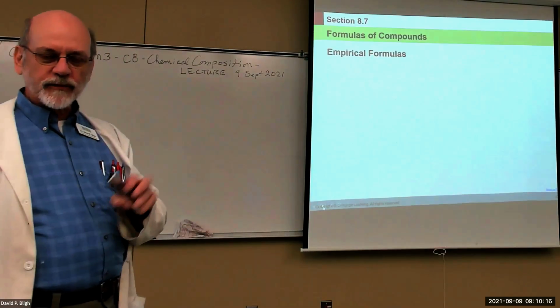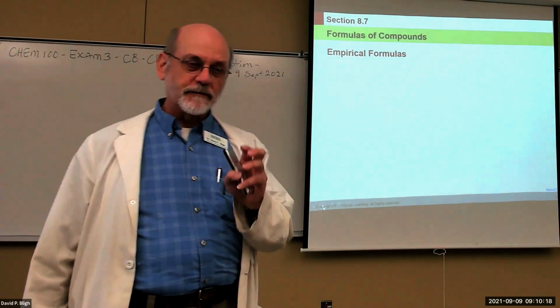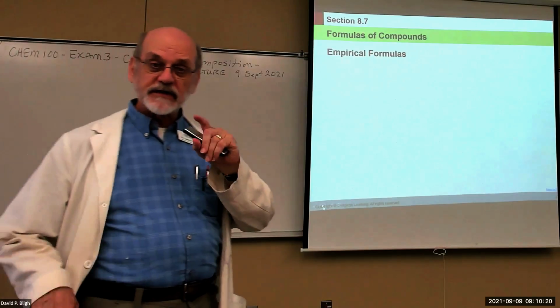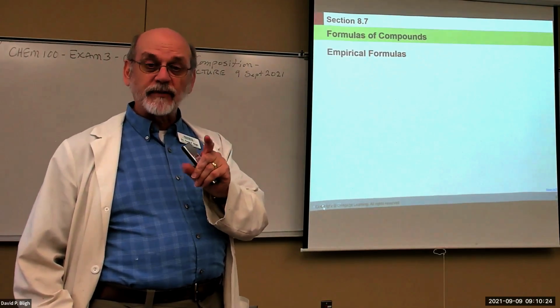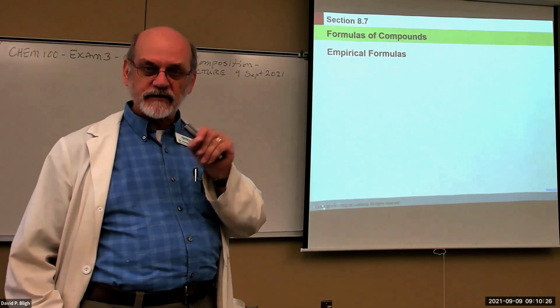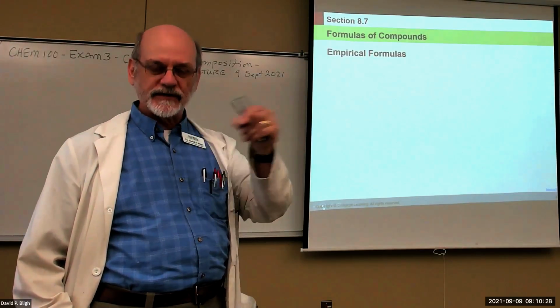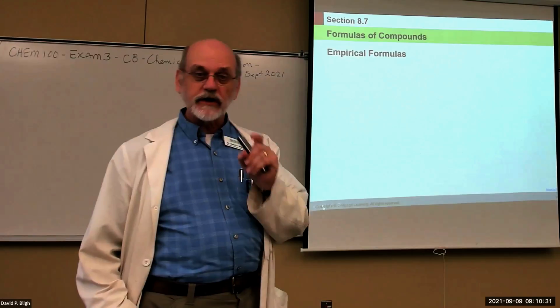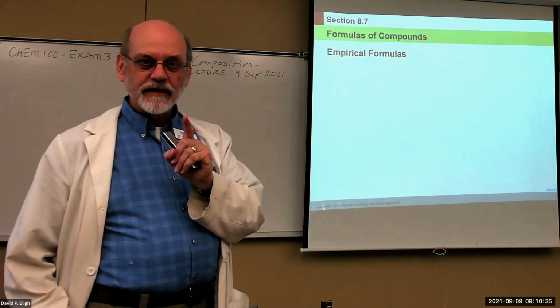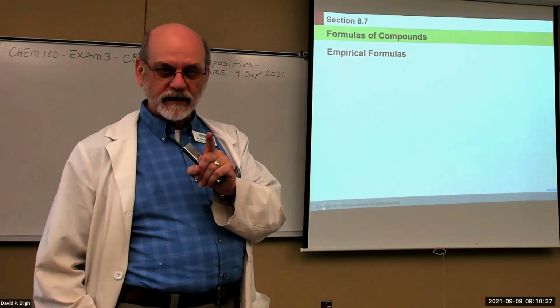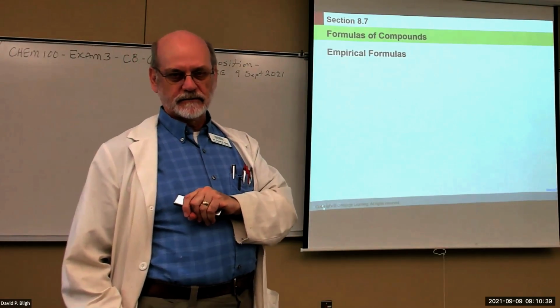Okay, now we're going to put this information to practical use. The second possibility, as I mentioned, is you go in the lab and you analyze the sample and determine the percent by mass of each of the components, each of the elements in that compound. We're going to use that information to derive the true molecular formula for the compound.